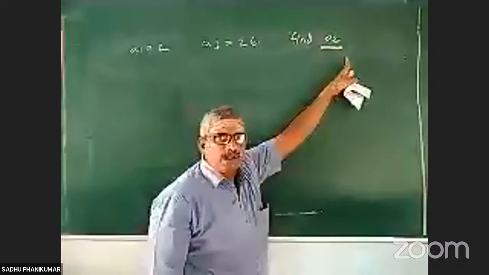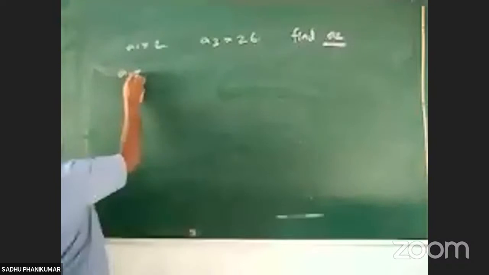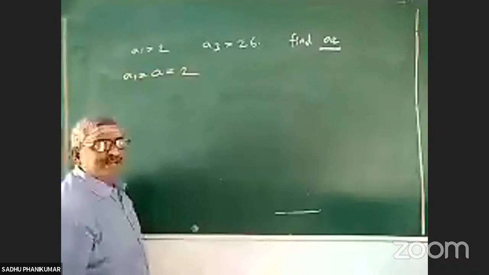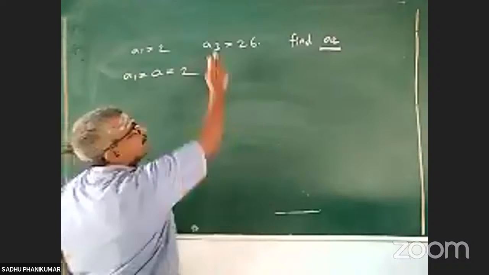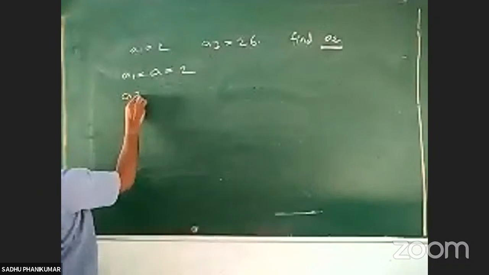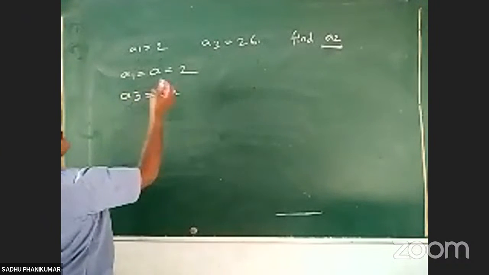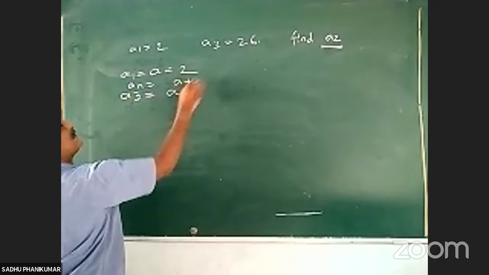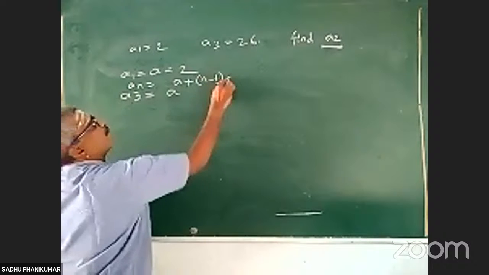First of all, a1 is equal to a, we already indicated that. Next, this is a3. The general form, an is equal to a plus n minus 1 into d.